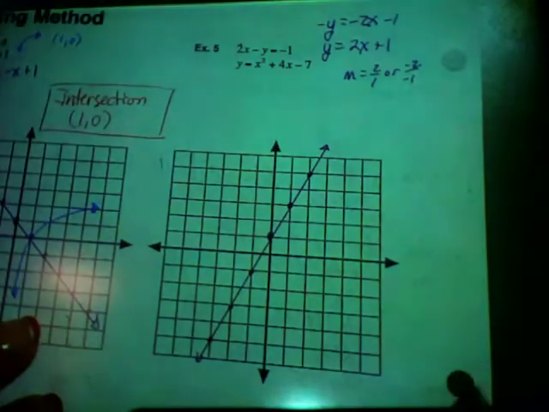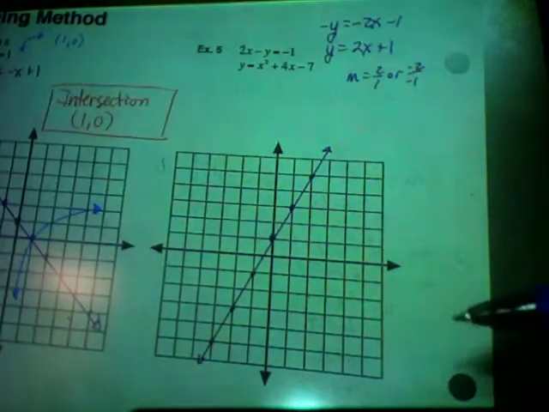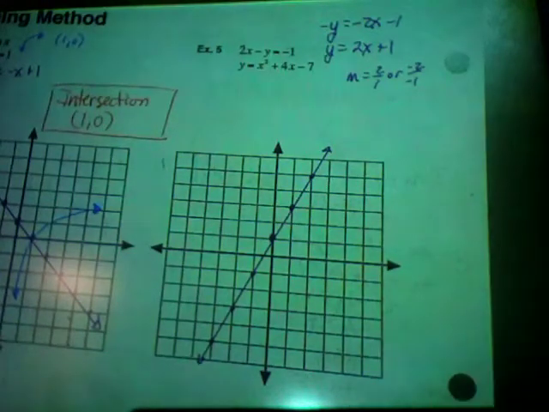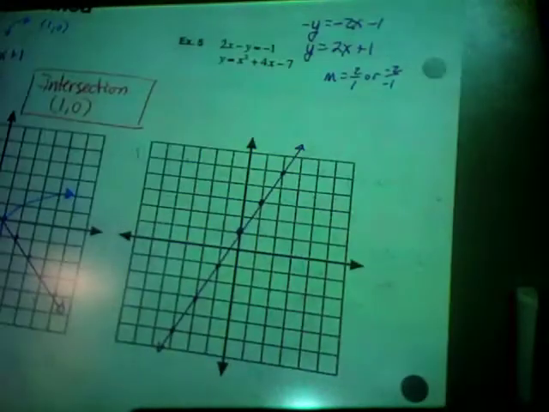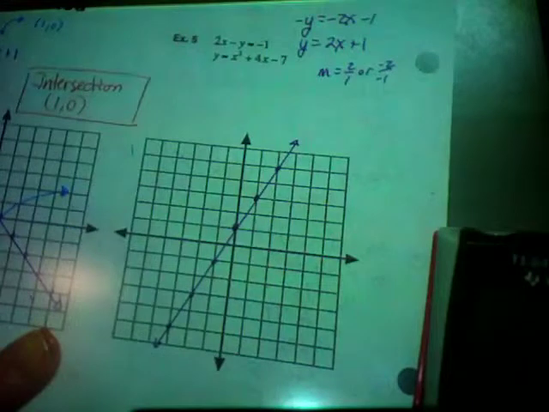Then for your parabola, is this a parabola that opens up or down? Up. We haven't gotten to our conics yet, but I'm more than happy on this one just to let you throw it in here. But you have to find your important points. What are your important points on the parabola? Your vertex, your y-intercept. Well, you can tell your y-intercept right here. What is it? Negative 7.